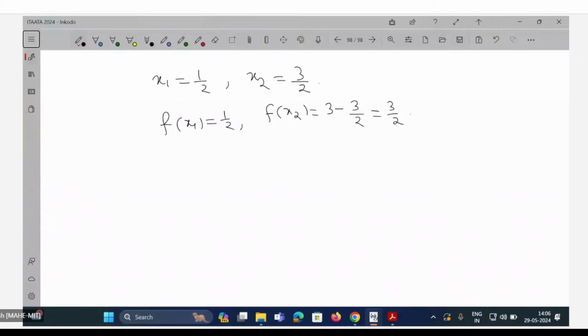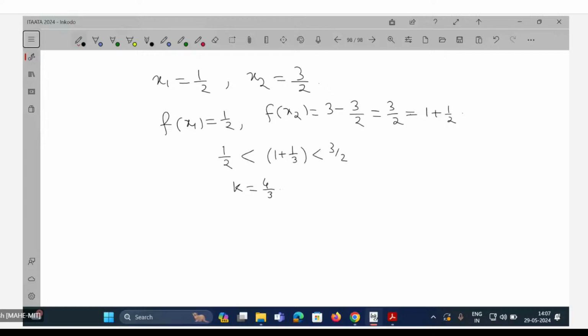Now obviously you have a number like 1 by 2 less than 1 plus 1 by 3 less than 3 by 2, correct? Because 3 by 2 is nothing but 1 plus 1 by 2. So we'll choose the number 1 plus 1 by 3, which will be in between half and 3 by 2. What is that number? 4 by 3. So our k is now 4 by 3.